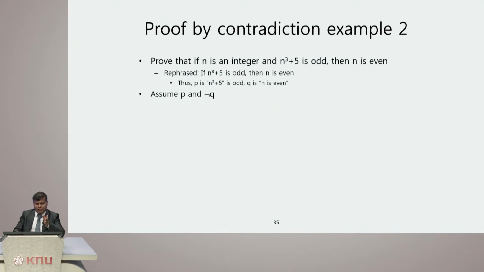Assume P and negation Q. Assume that n cube plus 5 is odd and n is odd. We know that P is n cube plus 5 is odd, and Q is n is even. So negation of Q would be n is odd.